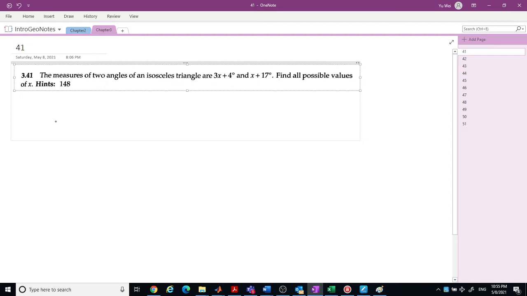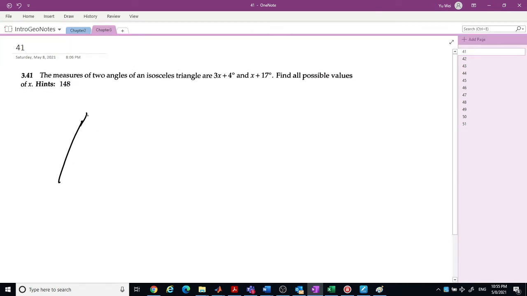The measures of two angles of an isosceles triangle. So we have an isosceles triangle ABC. We have the two angles, right? So what are the possible values?